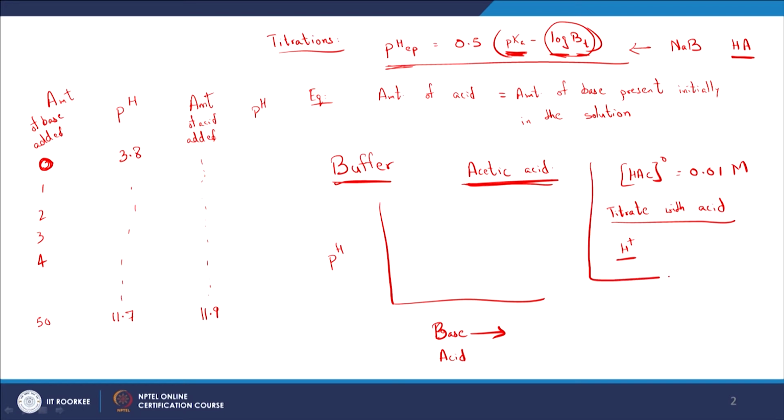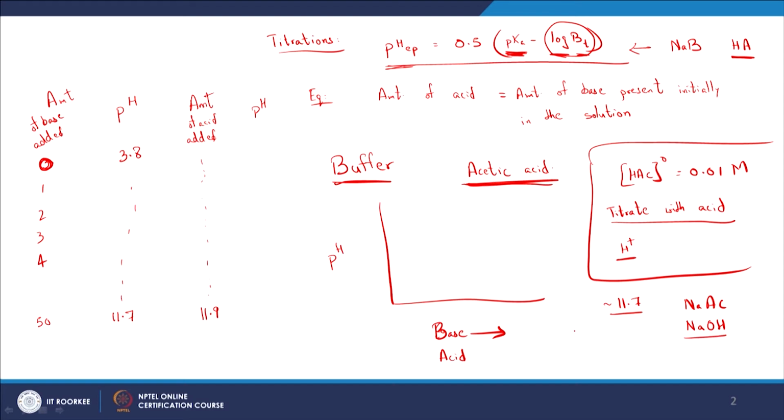Earlier we were adding HAc initially, but to be able to start with a pH near 11.7, we are now adding NaAc base and also NaOH, right.